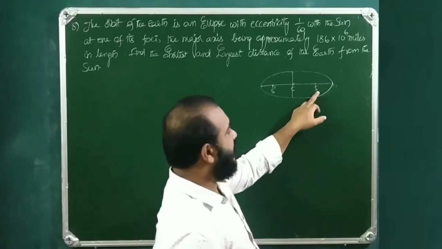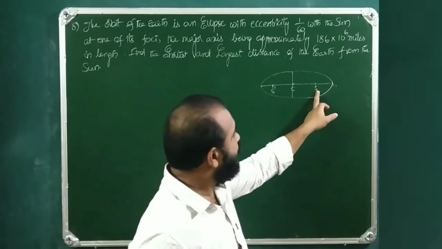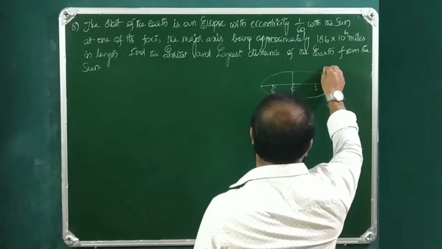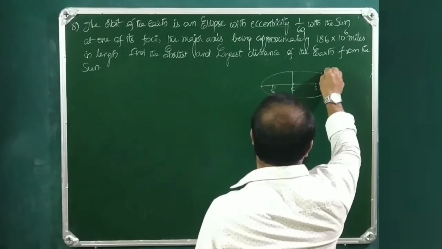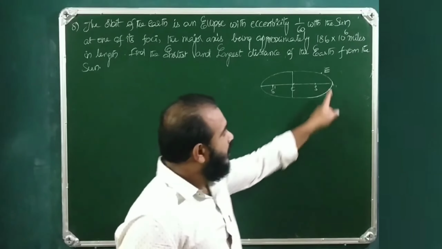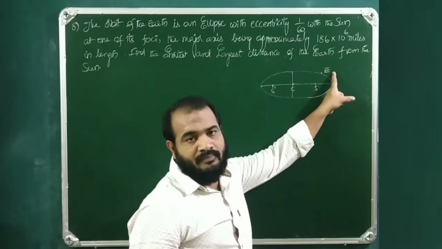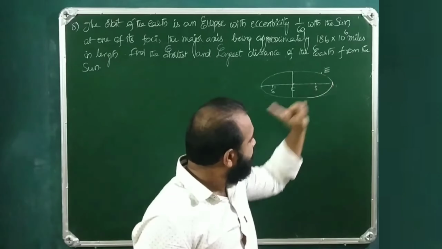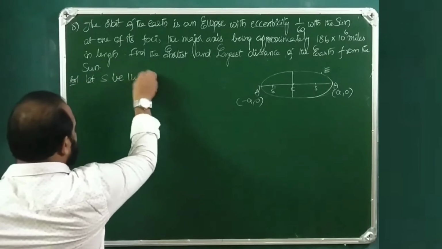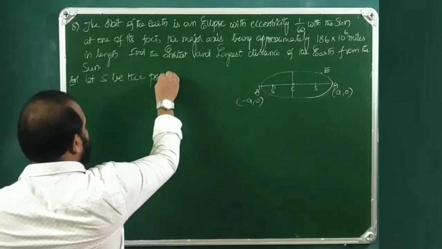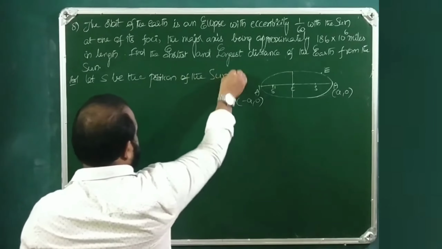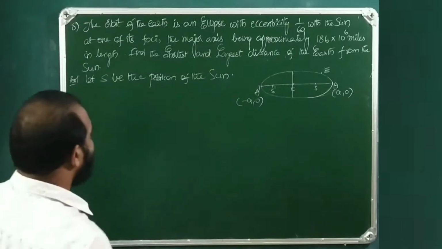So S is the position of the Sun. Let us suppose that this is the Earth. So the position of the Earth is here. Let S be the position of the sun.